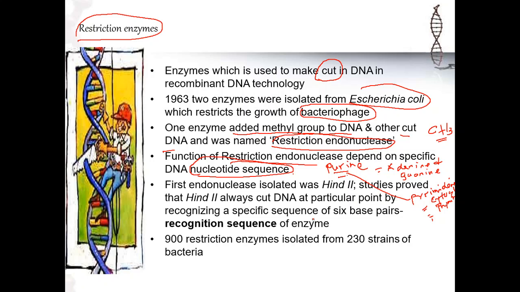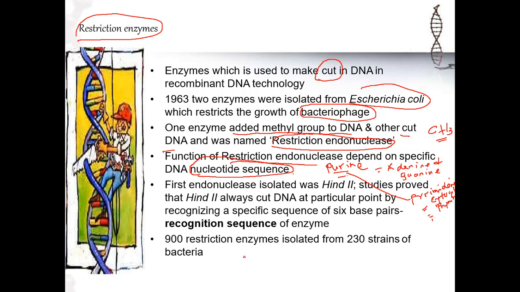Ang purine na adenine, mayroon siyang pair doon sa strand na thymine. And kung ang strand naman mayroon siyang guanine, ang pair naman niya ngayon is cytosine. That is for a DNA. But sa RNA strand, ang pair ng adenine is uracil.